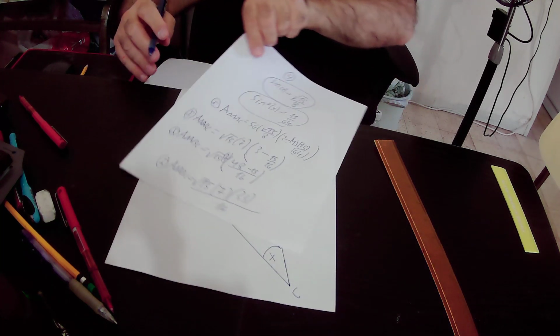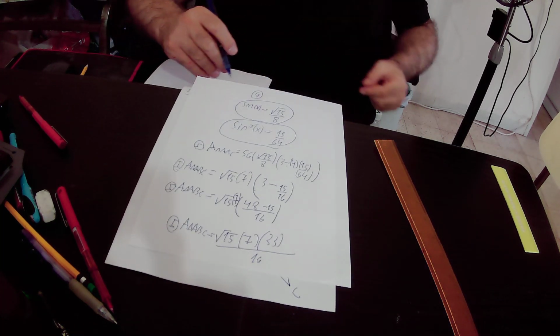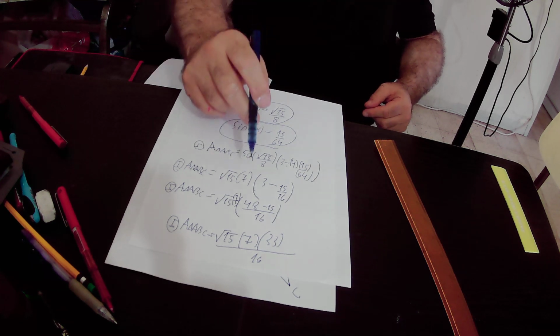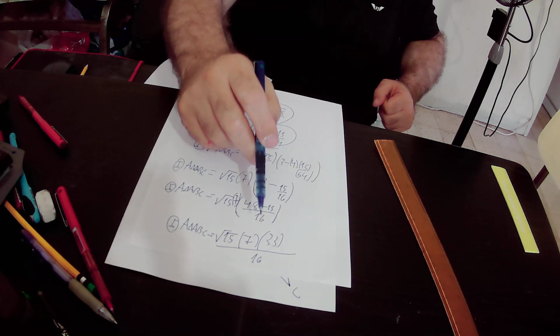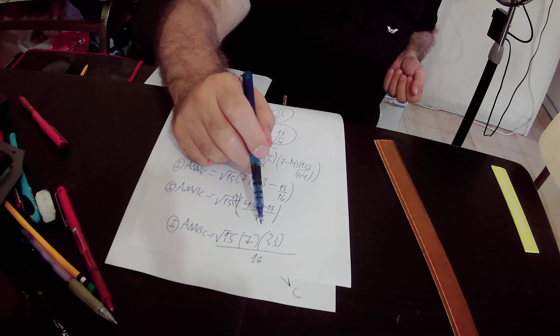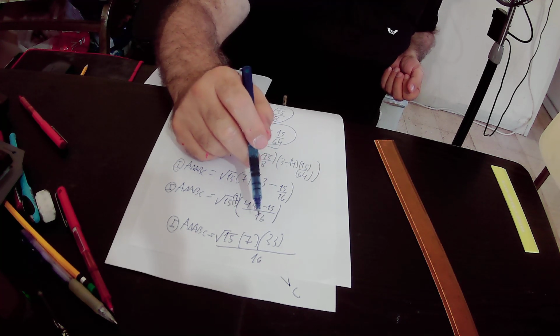Okay, the area of triangle ABC equals root 15, and 7 times 33 is 231.